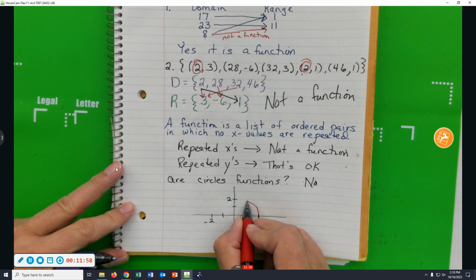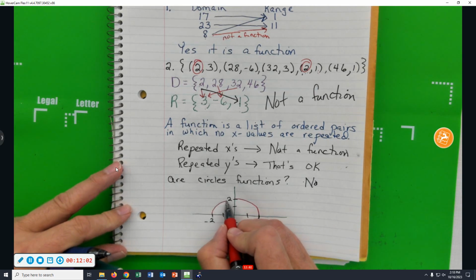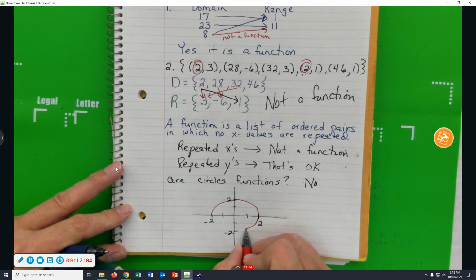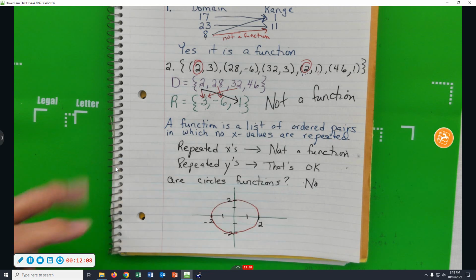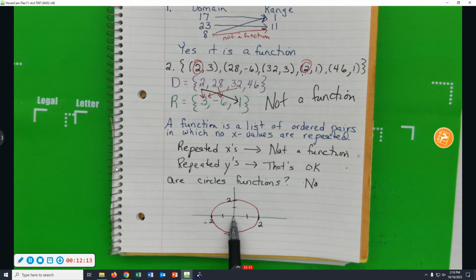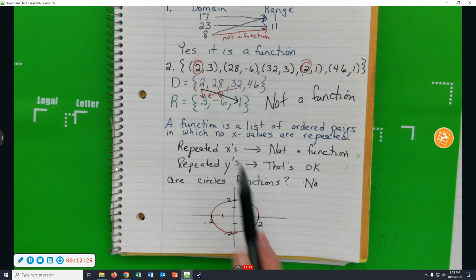By that I mean it's just really going to be sort of a curved thing. I'm not using a compass to draw it or anything. There. So pretend that's a circle centered at the origin with a radius of 2. If we started listing out ordered pairs, are there any repeated x's? Because if there's repeated x's, then it's not a function.